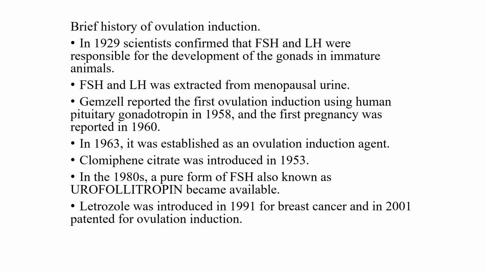In 1958, the first ovulation induction was used with the help of human pituitary gonadotropin, and the first pregnancy was reported in 1960. Clomiphene citrate was introduced in 1953, and in the 1980s, a pure form of FSH was also introduced as a result of recombinant technology. Letrozole was introduced in 1991 for breast cancer, and in 2001, it was patented for ovulation induction.